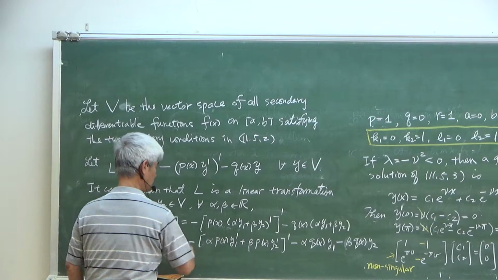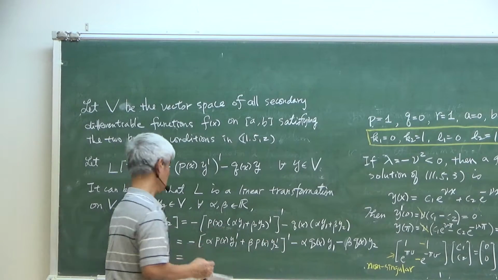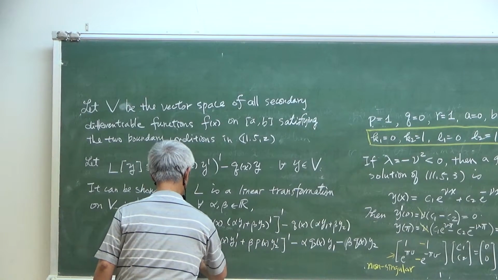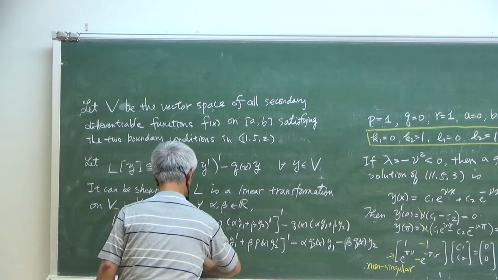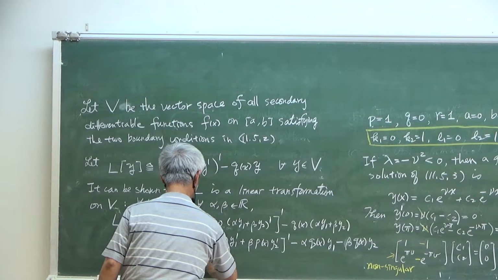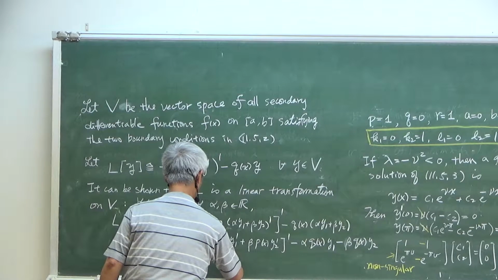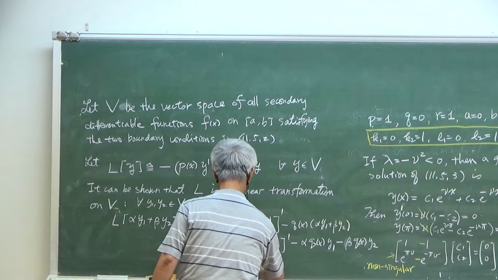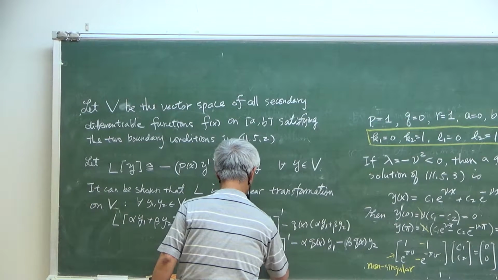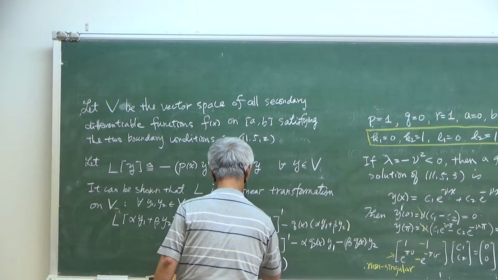Once again, the derivative is linear, so we have alpha p of x y1 prime, and so on.